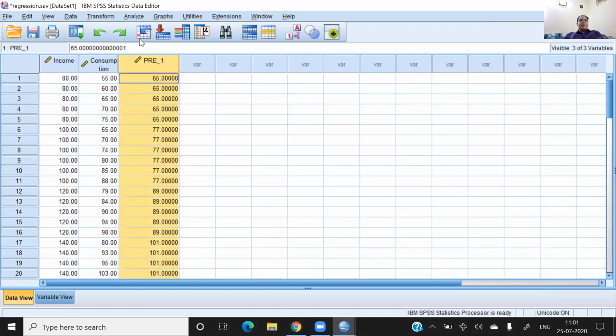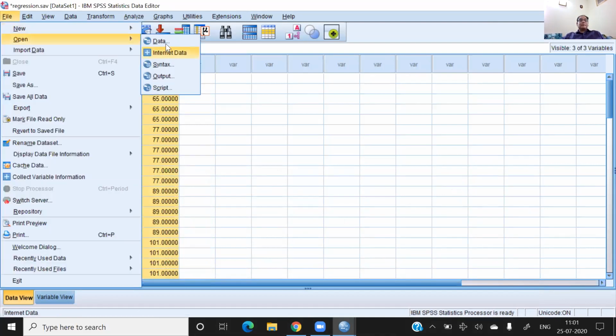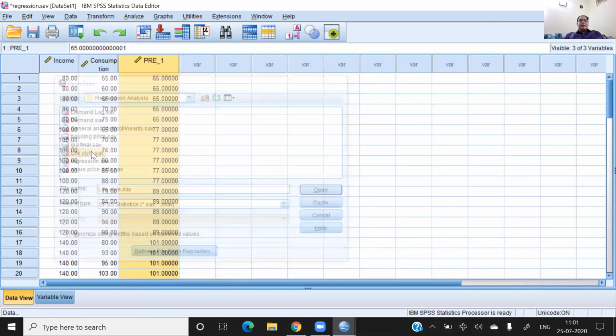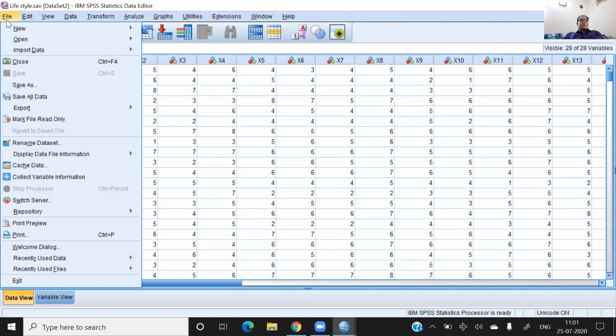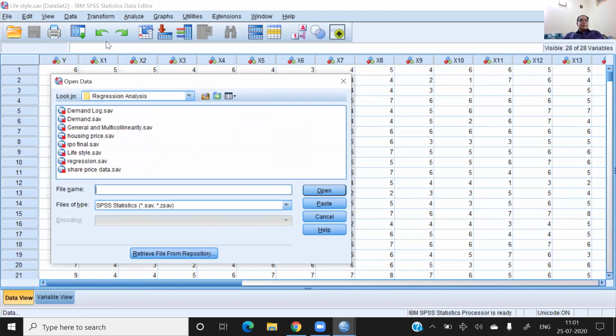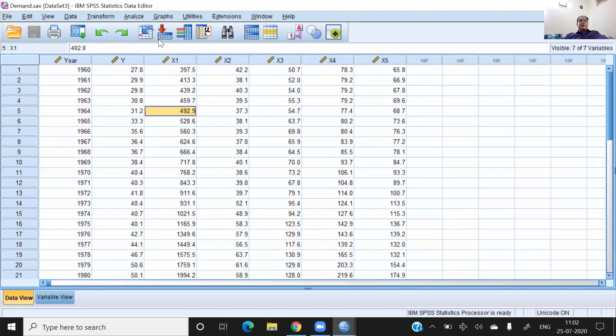Let me open the data. Okay, so in this case, you can see that we have the dependent variable y, and first of all, I would like to add this x1 in the regression model.